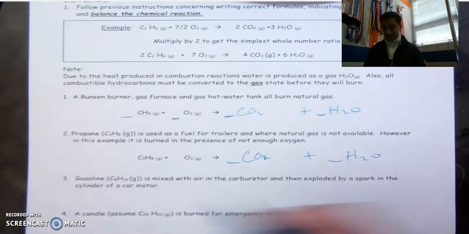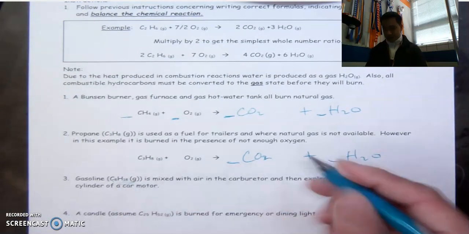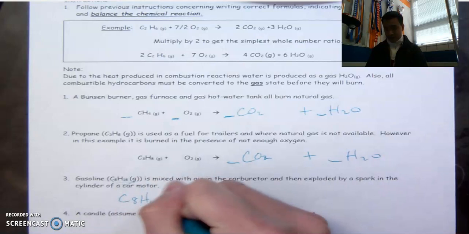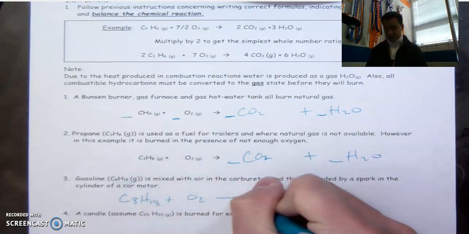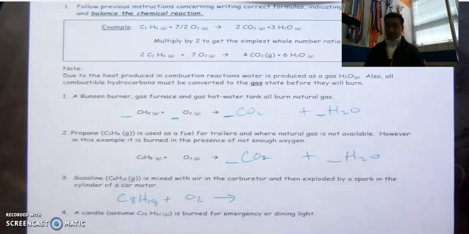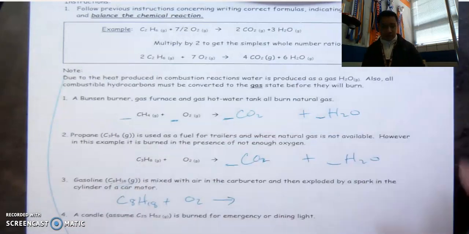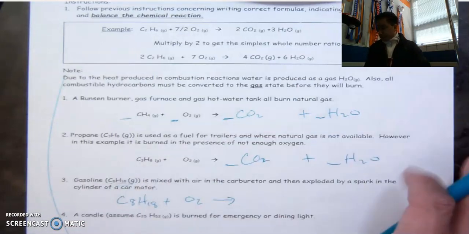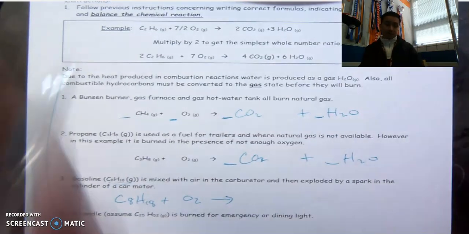Okay? And then same thing here, C8H18 plus O2 will give you CO2, H2O. So very straightforward, very easy with combustion reactions here. So complete this page, real nice and easy there. And then pause this, come back to it after, and you have your review for your test next time.